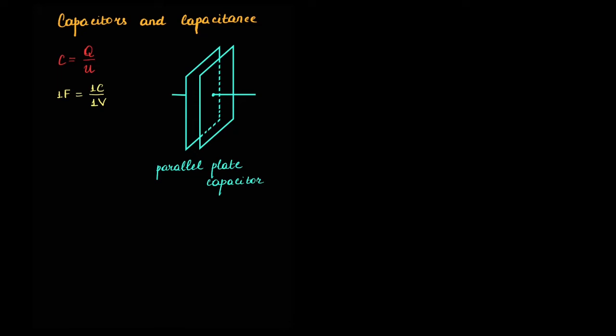If the distance between them is small, then the attraction of the charges on different plates is also strong, so again it results in an increase in capacitance. Now we have to derive these things. Let's derive the expression for capacitance.